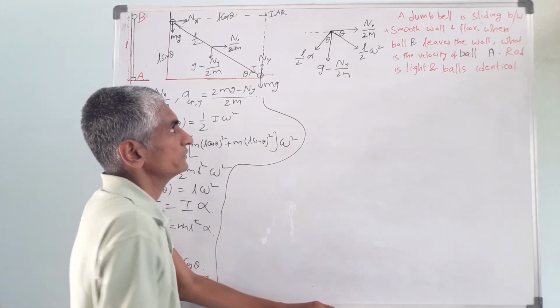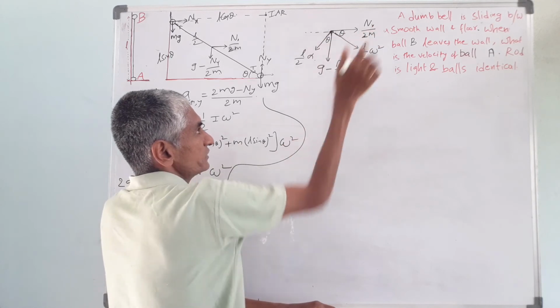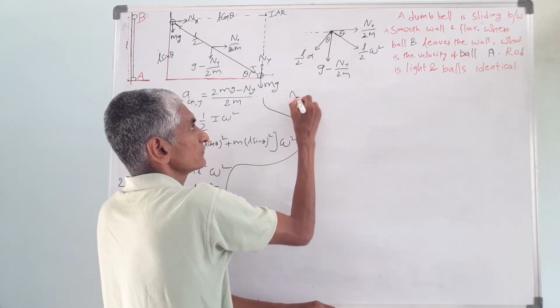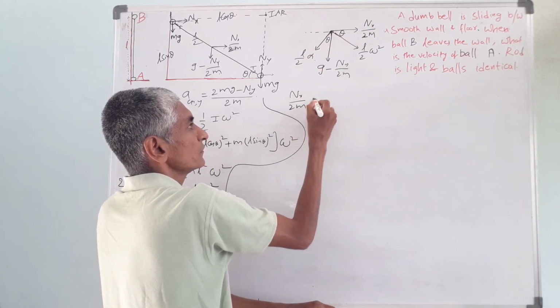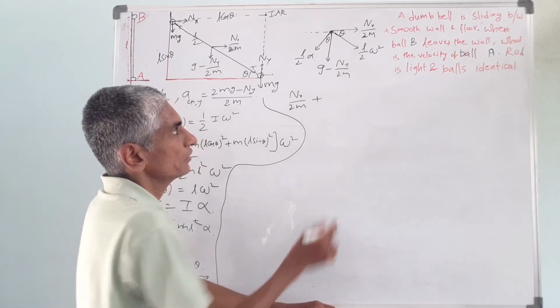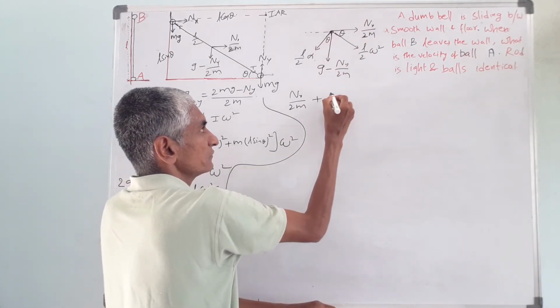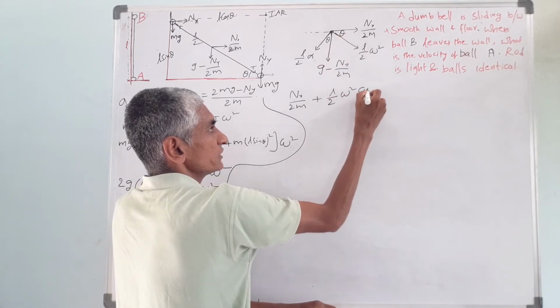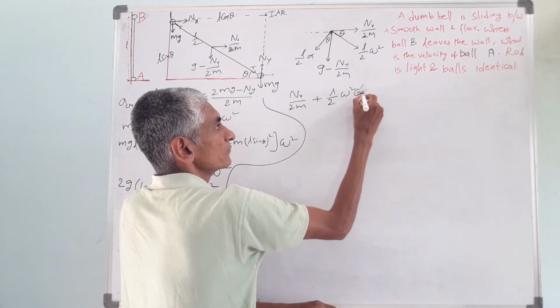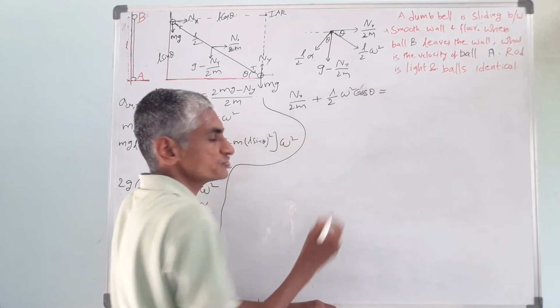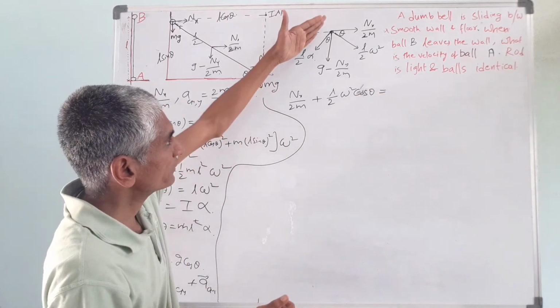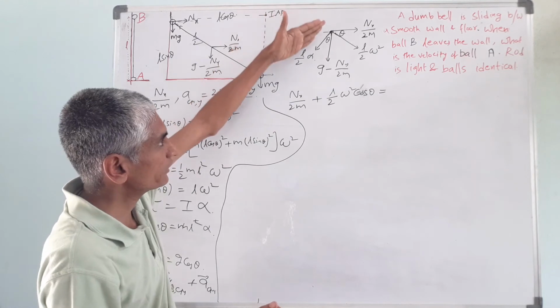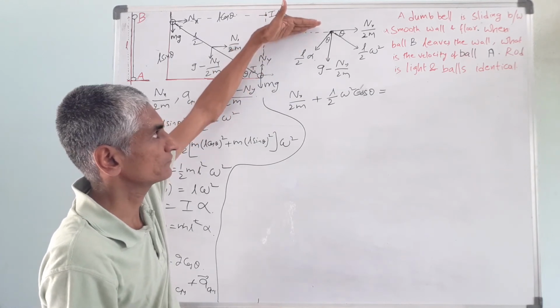What do you write? You see, in this direction there is already Nx by 2m plus the component of this in this direction, L by 2 omega square cos theta, must be equal to the component of this in this direction, L by 2 alpha sin theta.